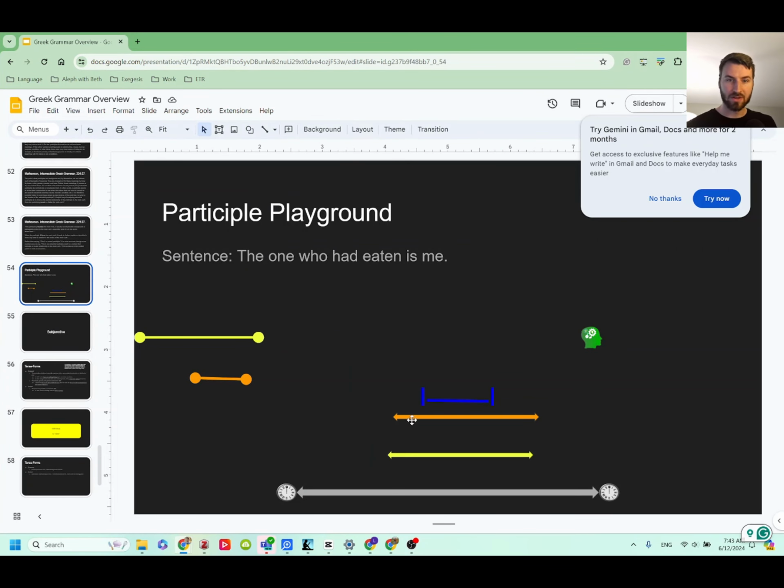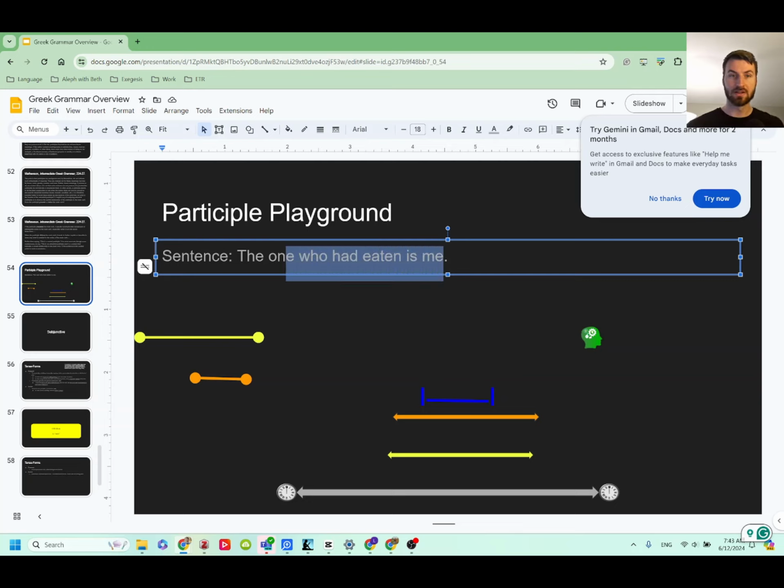The orange here is representing the main verb. Here I'm the speaker and I'm looking back in the past at an ongoing action. So this would be like, "I was eating." That would be the main verb.